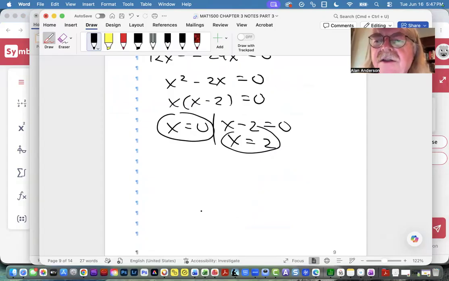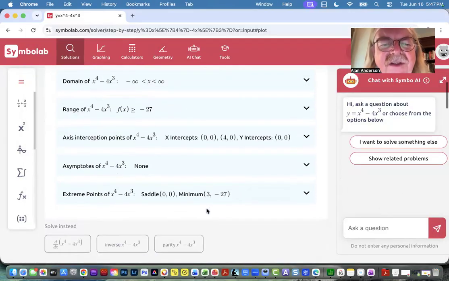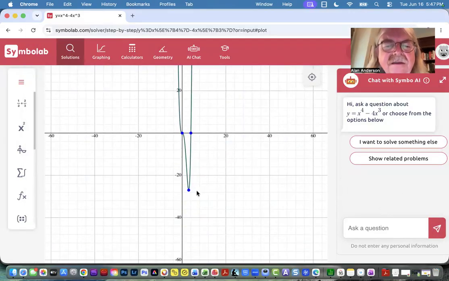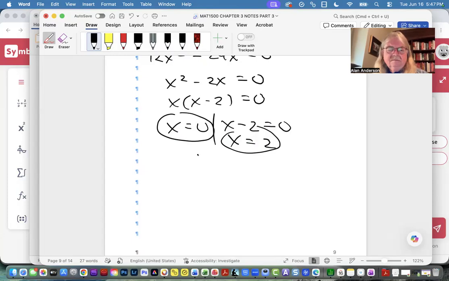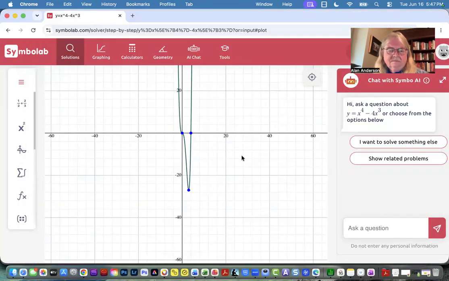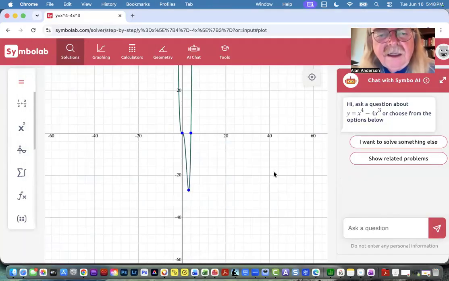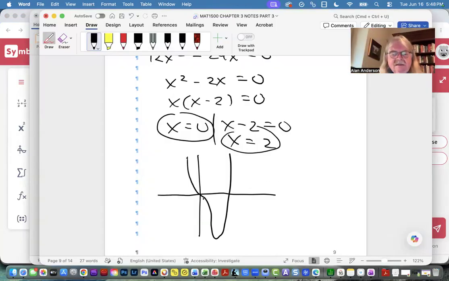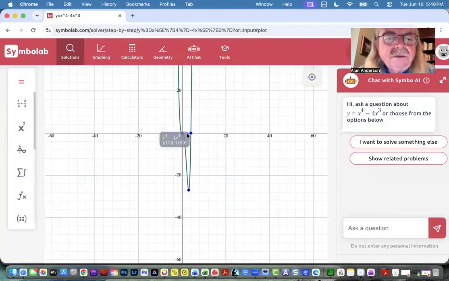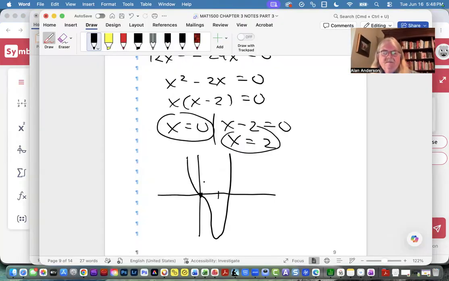so now what we're going to need to do, I'm going to try to graph this thing. All right, that's the best I can do. 2 is going to be over here somewhere.